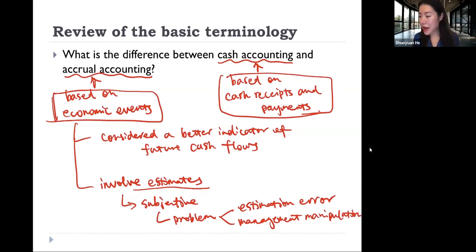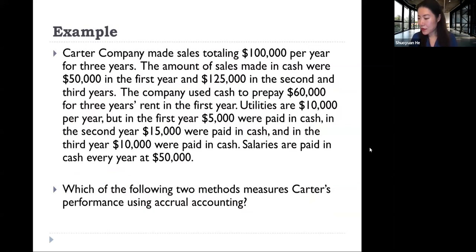So let's look at an example here. Carter Company makes sales totaling 100,000 per year for 3 years. So this is the sales the firm made, which is the occurrence of economic event. However, the sales made in cash were 50,000 in the first year, and 125,000 in the second and third year.